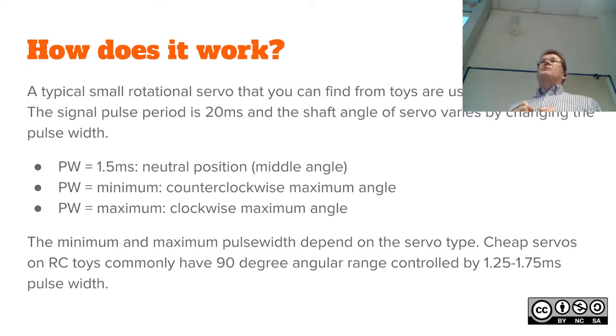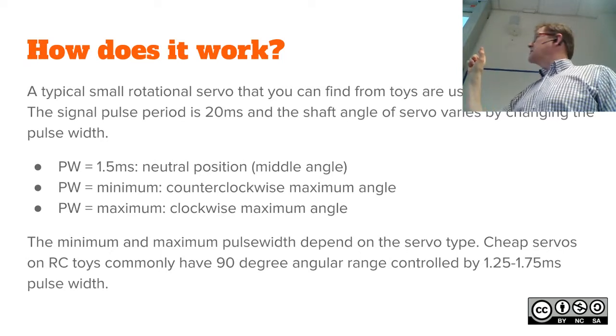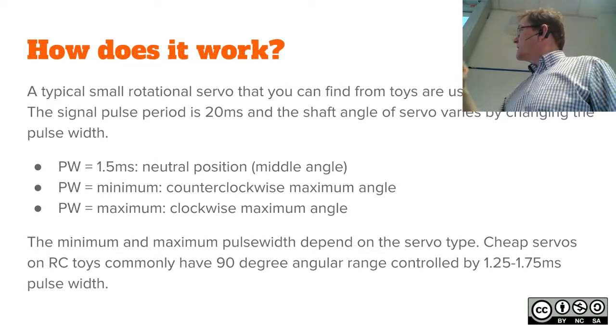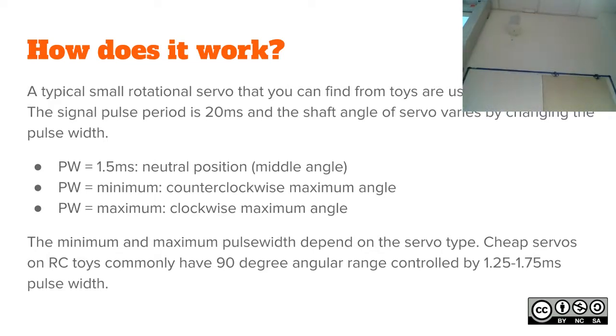Okay, so the so-called standard servo does not exist. All of those are a little bit different, but usually the mid angle is when the pulse width is 1.5 milliseconds, and the minimum, well, in cheap toys you get the minimum angle at 1.25 milliseconds and the maximum angle at 1.75 milliseconds.